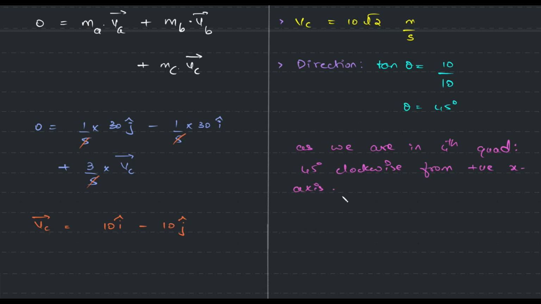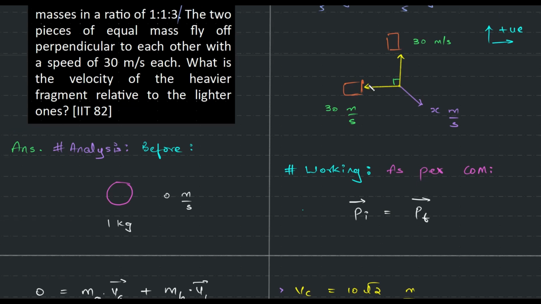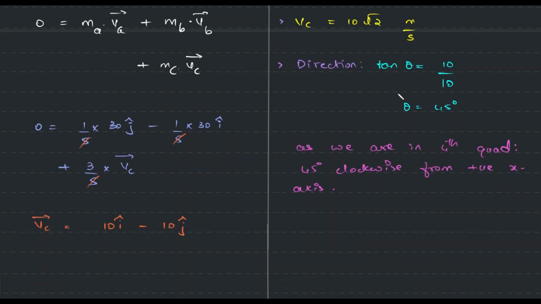Or, with the one going to the left or the one going up as the reference, it is 135 degrees. So however you guys want to write it, you can write that.